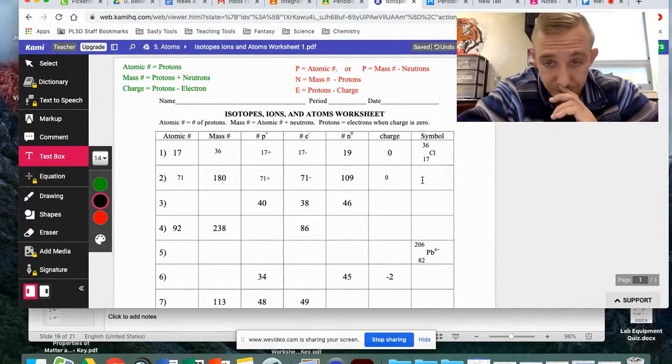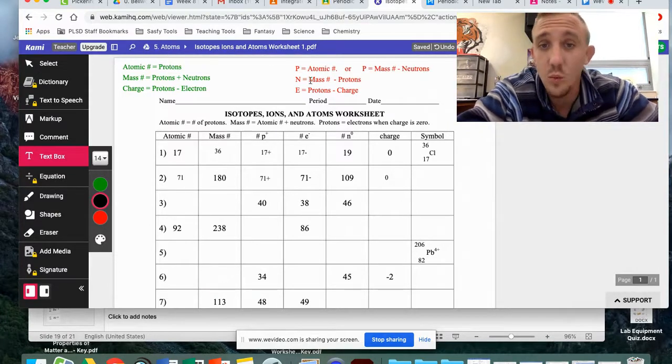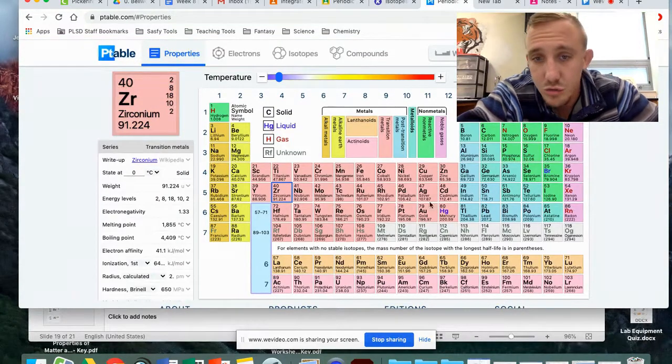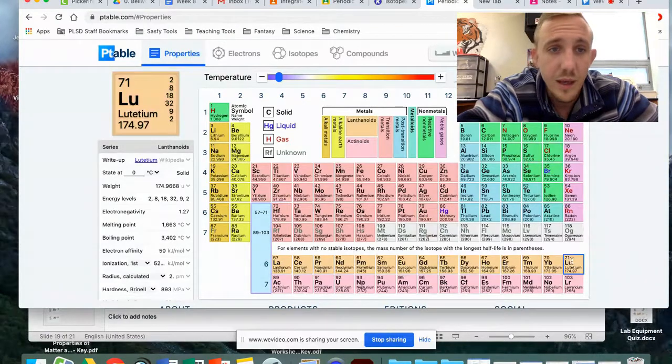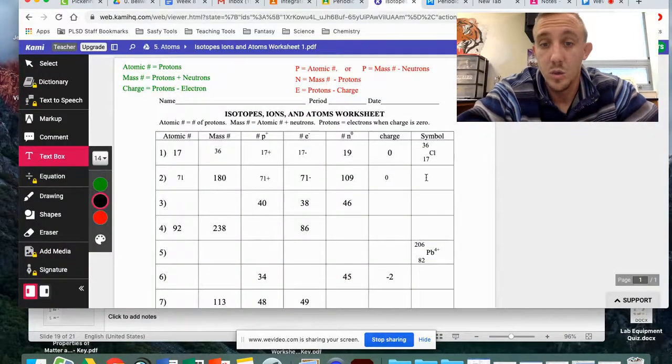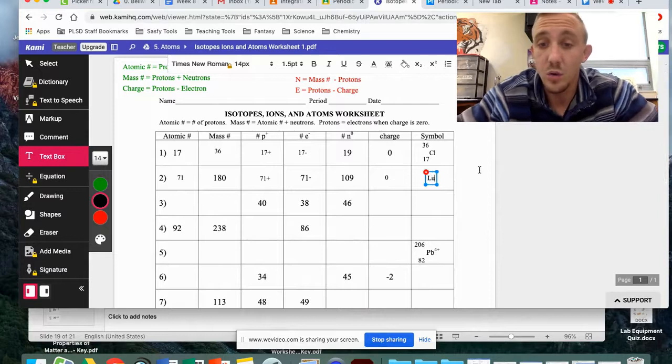So my symbol for 71 is going to be, looking on the periodic table, down here. So you're going to put Lu, lutetium. So you're going to write Lu.